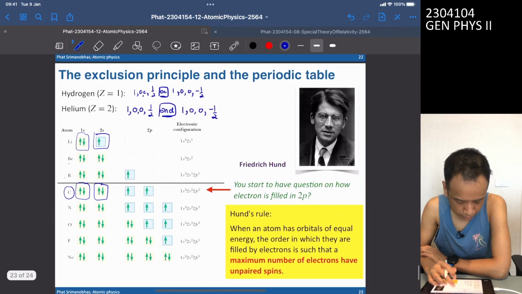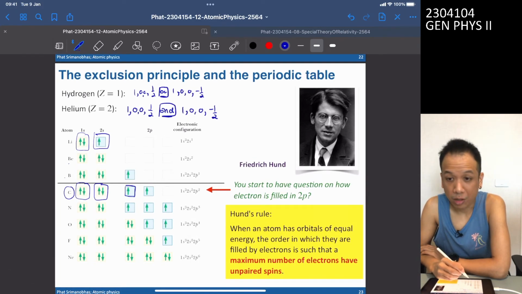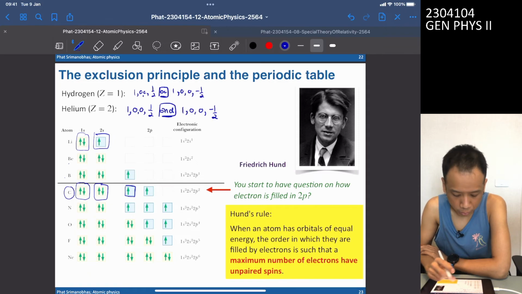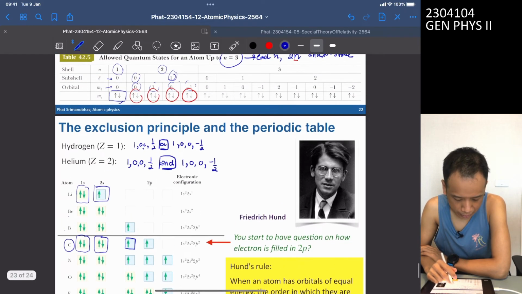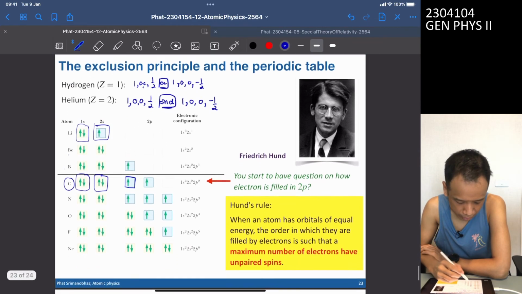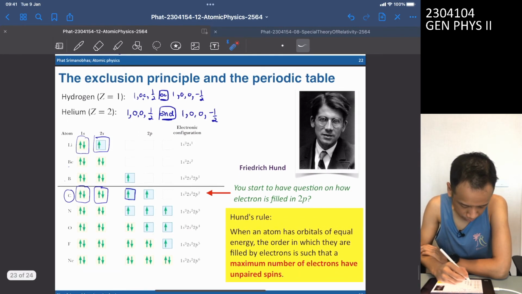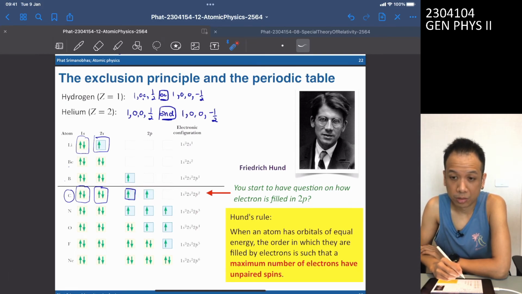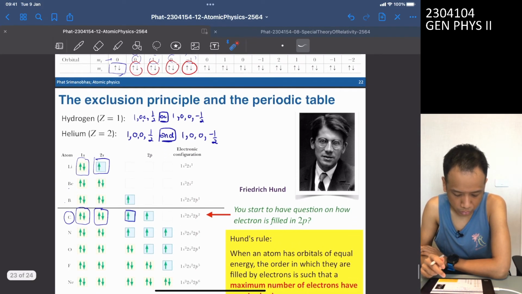In this 2p, you place 1 electron in 1 box, let's say. What about the other electron? Do you place it in the same orbital as the first one, or do you need to place it in a different box, a different orbital?